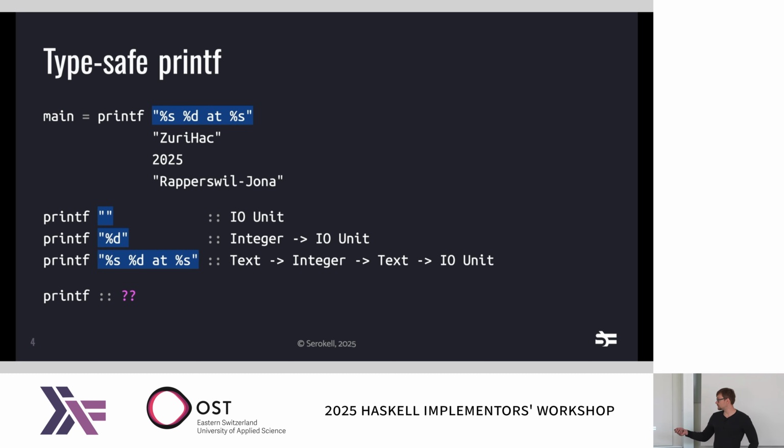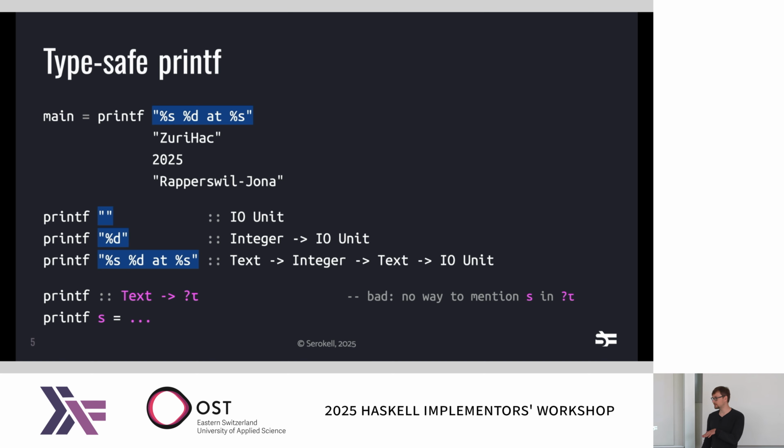So how could we do that? What type could we give to printf? This is the question. Could it be a function from text or from a string, a normal term-level function? Well, the answer is no, because if we use a normal function, then the variable, here it's s, is bound only in the equations.